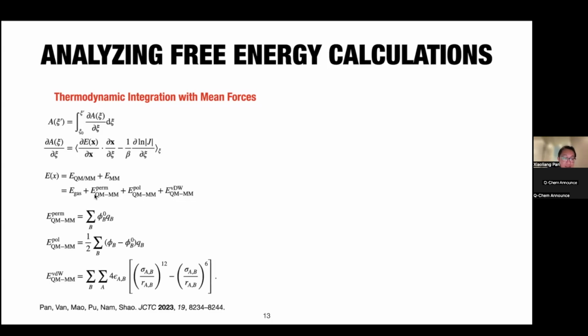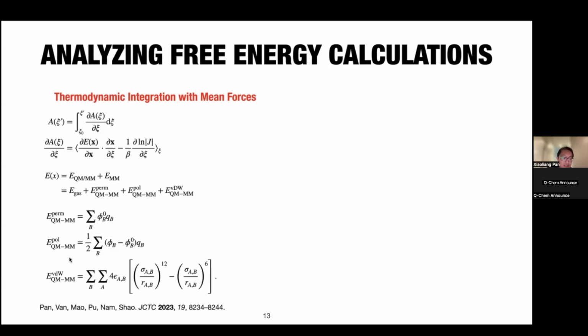So with this decomposition, these last three terms are interactions and energies between QM and MM parts. Then we can further decompose each of these into contributions from each of the MM atoms. So then this will be just a sum over B, where B will be the index for the MM atoms.